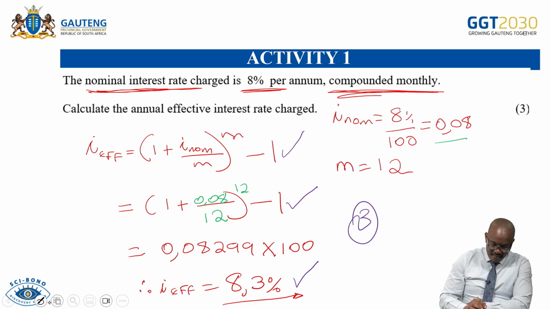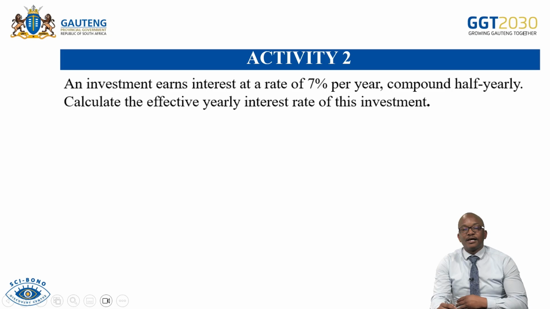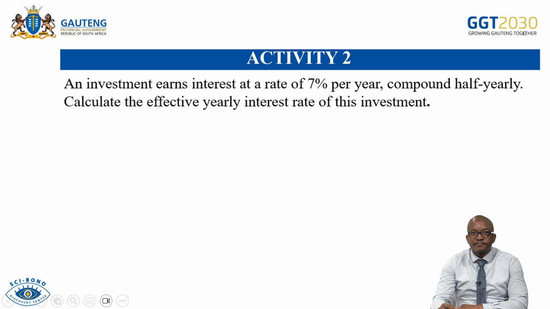Okay, moving forward, we go and look at our second activity. In the second activity, they are saying an investment earns interest at the rate of 7% per year, compounded half yearly, correct? Then they're saying we must calculate the effective yearly interest rate of this investment.